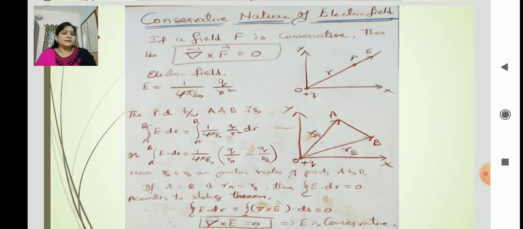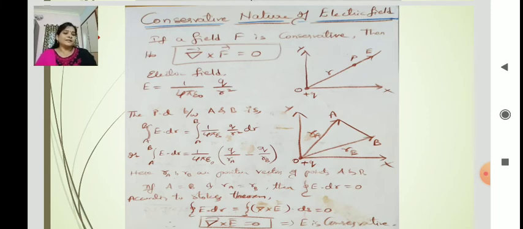Both are at the same point, so there is no potential difference. Therefore the integral of E dot dr becomes equal to 0. So according to Stokes theorem, the integral of E dot dr is equal to the surface integral of curl E dot ds, which is equal to 0.